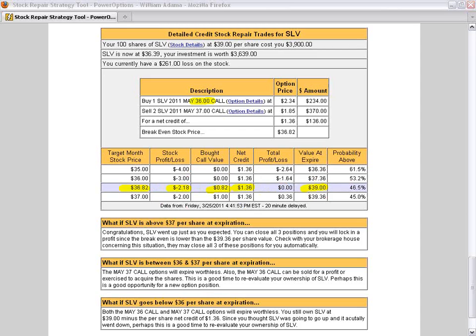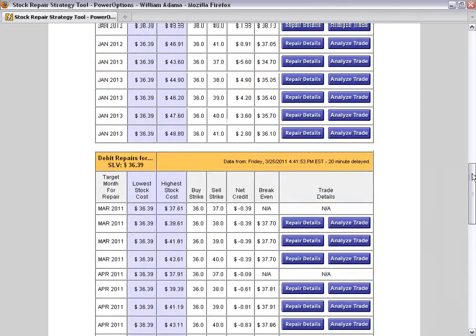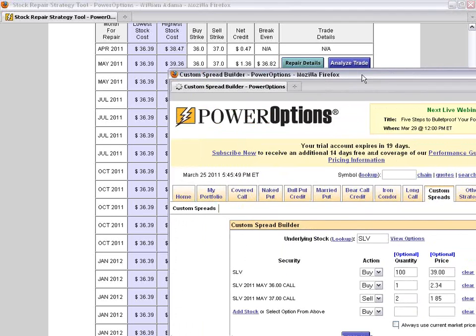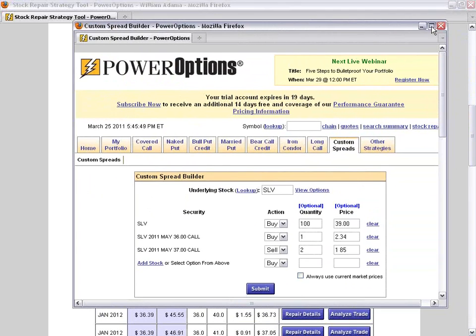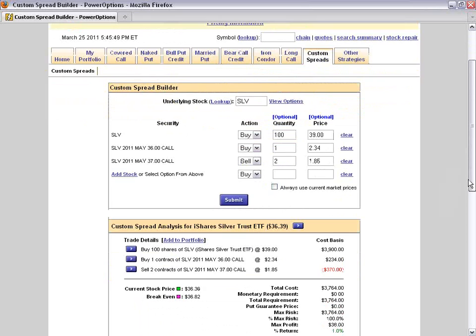Now, instead of looking at that numerically, let's go back up to our trade. In addition to clicking on the repair details, which gave us the spread setup where we sold 2 and bought 1, if we click on Analyze Trade, this will bring us to that profit and loss chart. So what do I have here? 100 shares of stock at 39. Bought one May 36 call for $2.34. Sold two May 37 calls for $1.85.